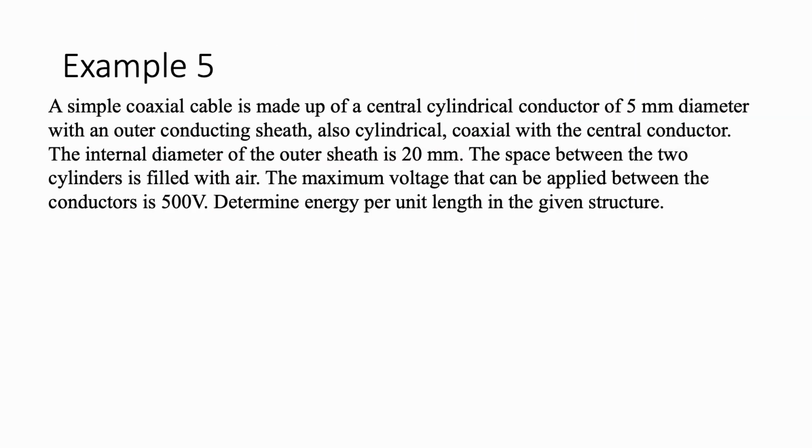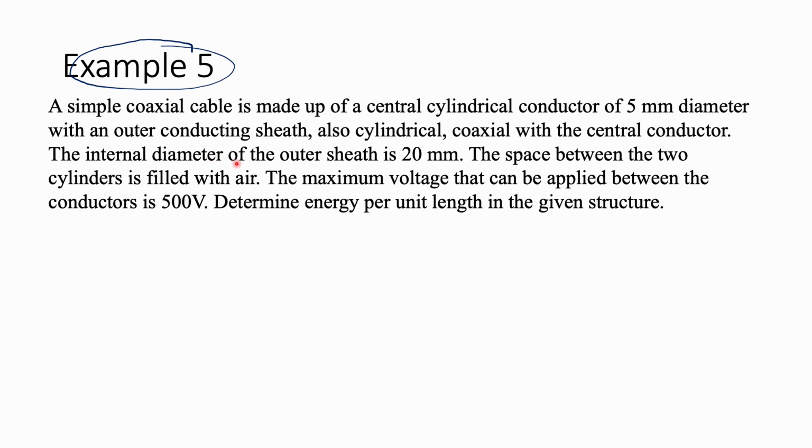Okay, so now let's look at examples. The last example in your slide, example number 5. A simple coaxial cable is made up of a central cylindrical conductor of 5 mm diameter with an outer conducting sheath, also cylindrical, coaxial with the central conductor.